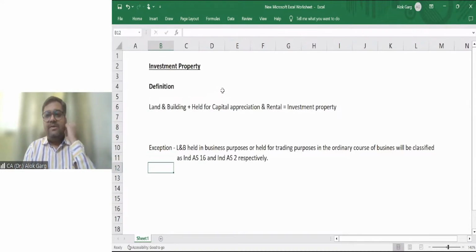Means held for business purposes will be PP&E, and held for trading purposes in the ordinary course of business is inventory.